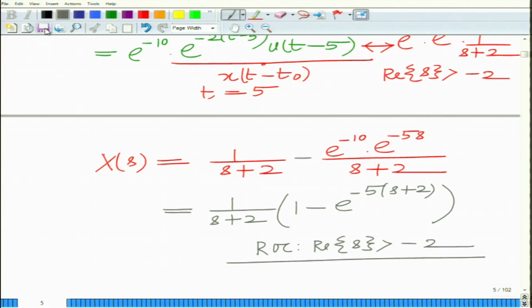This is the final region of convergence for this problem.